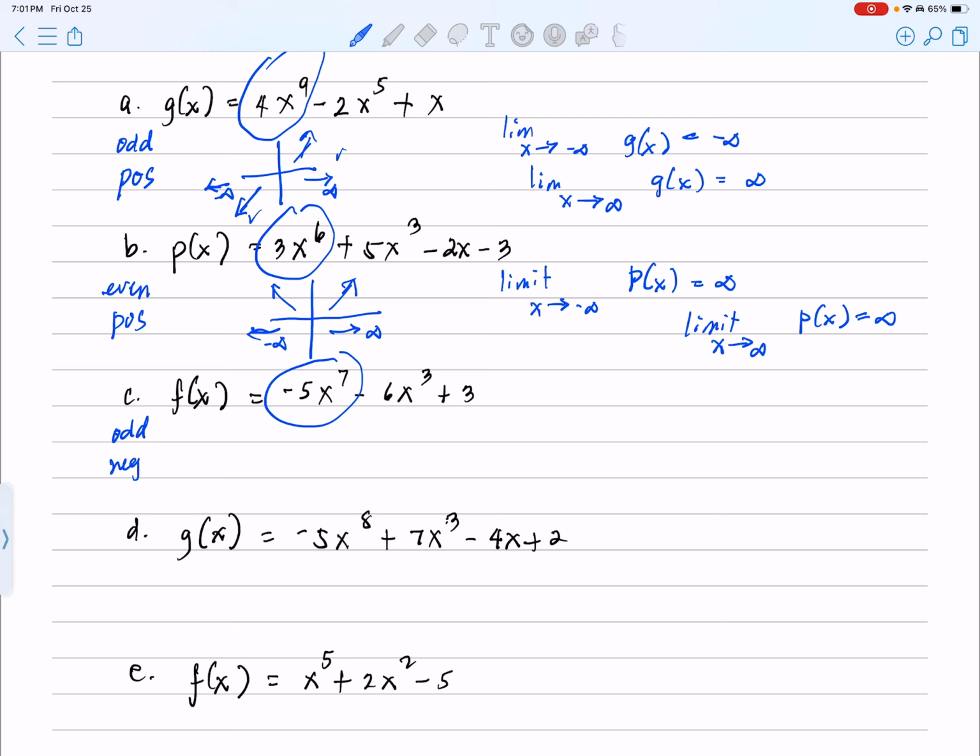That means the right end is negative going down, and the other one is positive going up, right? As x approaches positive infinity, as x approaches negative infinity.